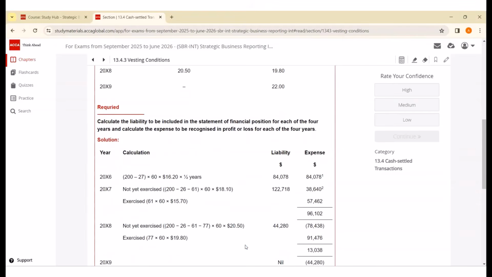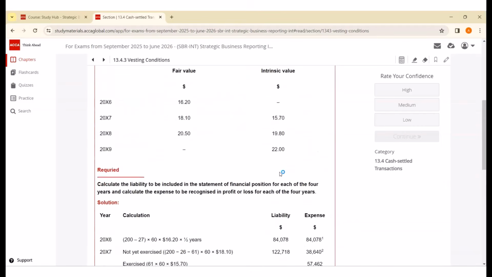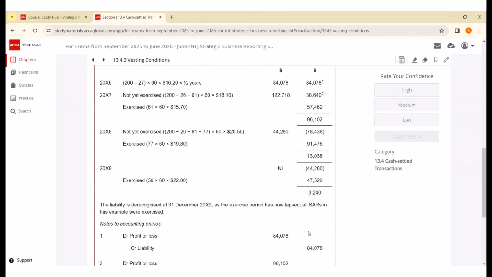Going forward also, at every year end, you are going to calculate the number of unexercised SARs, and you are going to calculate the liability accordingly, and the exercised SARs are going to be calculated at the intrinsic value. So every year your liability is going to decrease and it is going to convert into your exercised options, for which you are going to recognize the relevant expense.